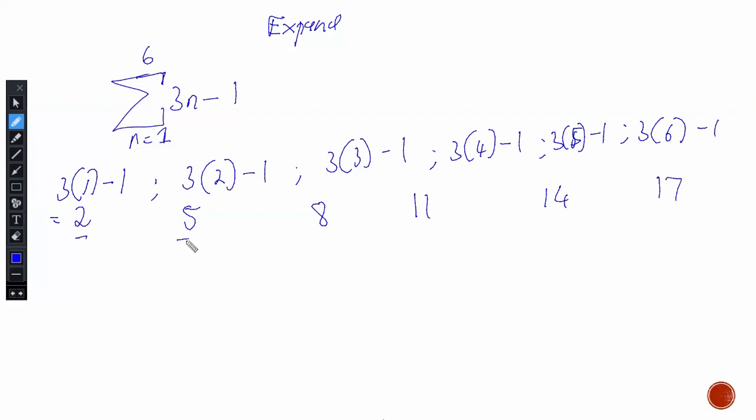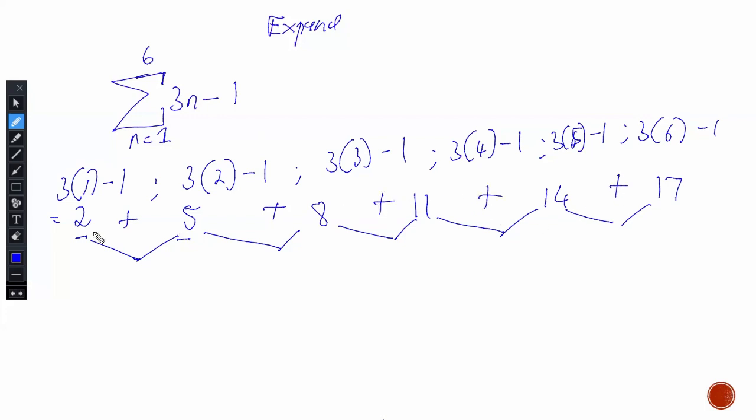So now I have created a pattern, and if you look at this pattern, we can see that this is an arithmetic sequence, or rather an arithmetic series, because we are dealing with the sum, so it has to be a series. From 2 to get to 5, I have to add 3. From 5 to get to 8, I have to add 3. So this is an arithmetic progression.